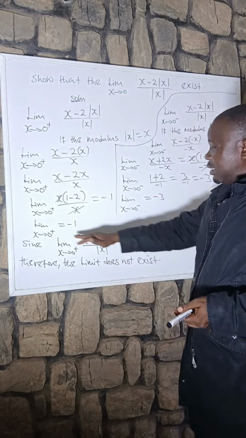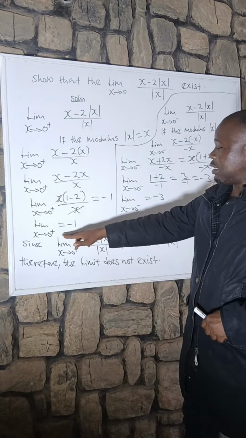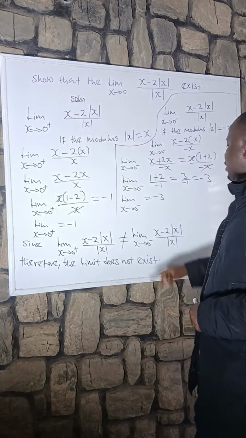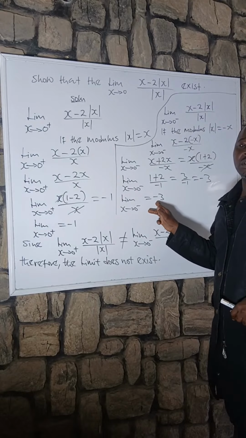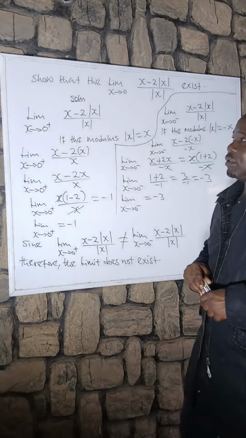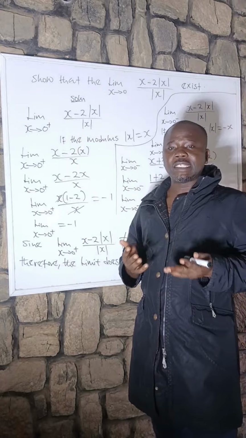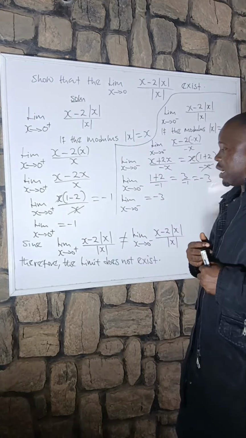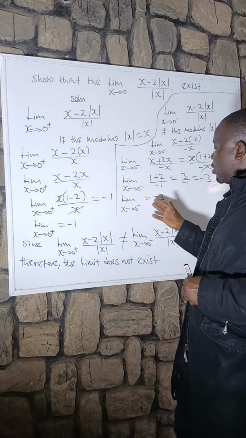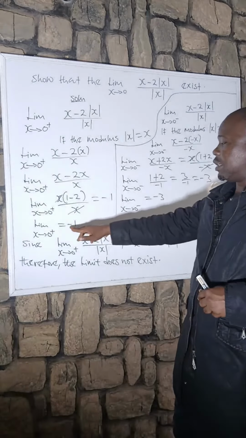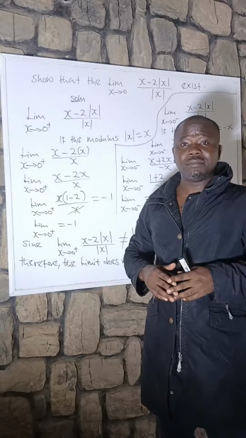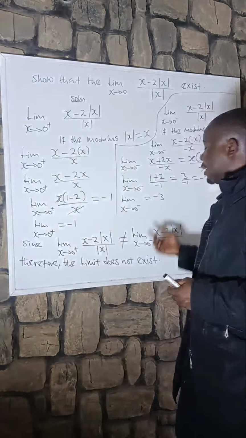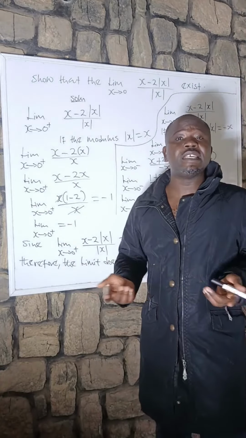As you can see with this example, on the right hand side we got minus 1, then on the left hand side we got what? Minus 3. So we conclude by saying the limit does not exist. But in a situation where both of them are equal, assuming here is minus 1, here is minus 1, it means the limit exists, true or false. But for the fact that this and this are not equal, it does not exist.